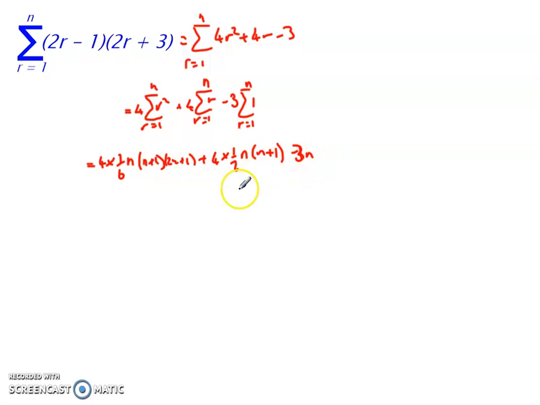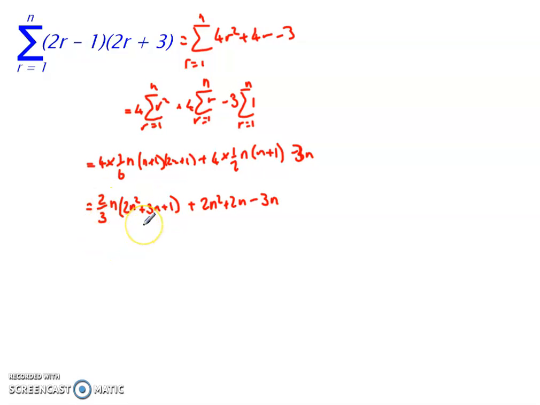So now I just have to multiply out these brackets, simplify it all down, and see what we get. For this first term, I end up getting 2/3 n bracket 2n squared plus 3n plus 1. I've then got plus 4 times 1/2 is 2, so I get 2n squared plus 2n there, and then I've got minus 3n here as well. So I've now got these parts all multiplied out.